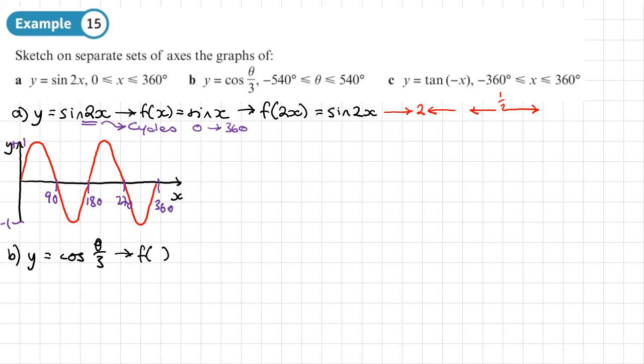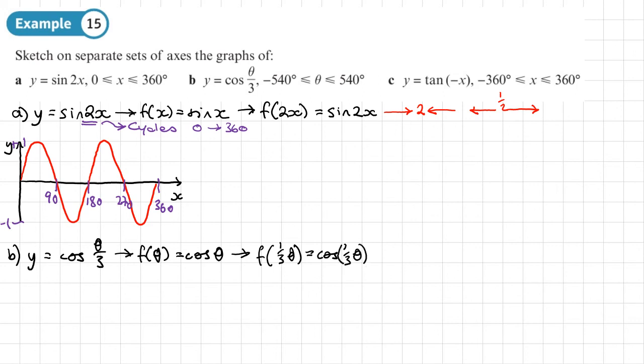Keep swapping between theta and x. f of theta equals cos theta. So then from there we're going to get f of theta over 3, or you could call it a third theta, couldn't you? Equals cos a third theta, which is the same as theta over 3.